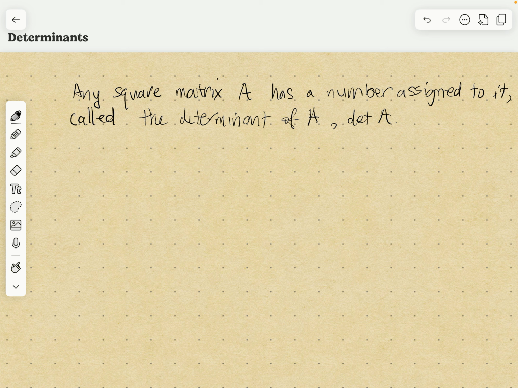And what happens is you can think of the matrix as transforming the whole space Rn, and the determinant is related to how much A stretches the volumes of shapes. So we'll talk about that later.